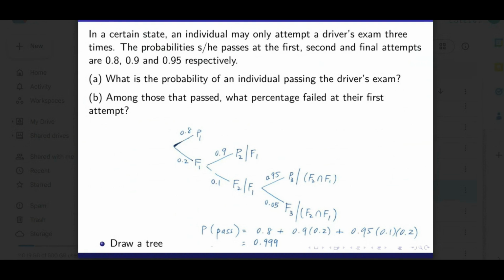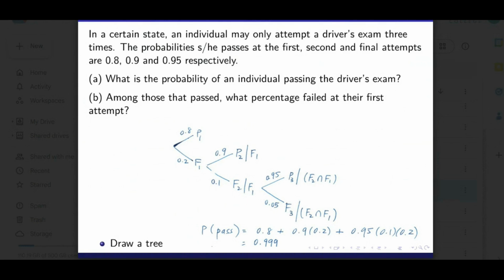So I'm actually saying that if you don't know the technical way to write these things out, it's fine. The answer is what's important to you. But you can break it down carefully and write it down as a formula: P(P1) plus P(P2 given F1) P(F1) plus P(P3 given F1 and F2) times P(F2 given F1) times P(F1). That's what's going on.